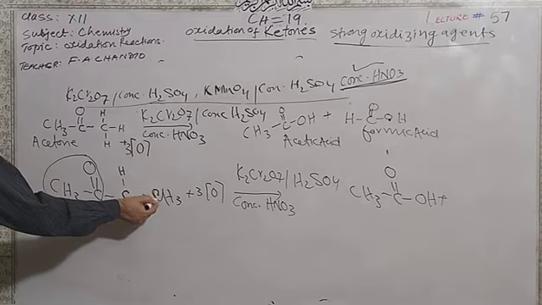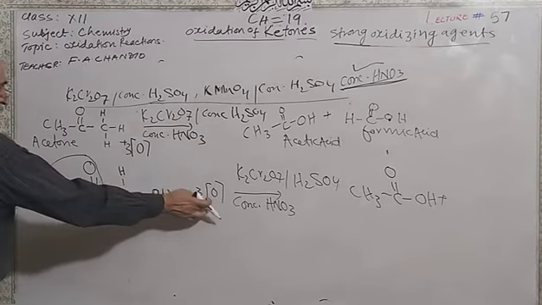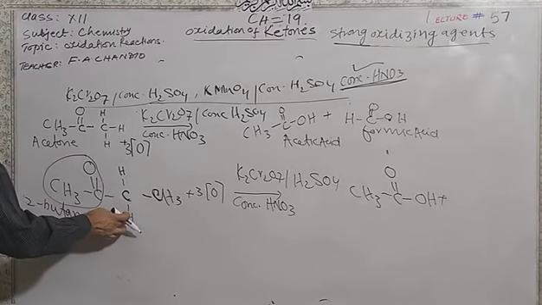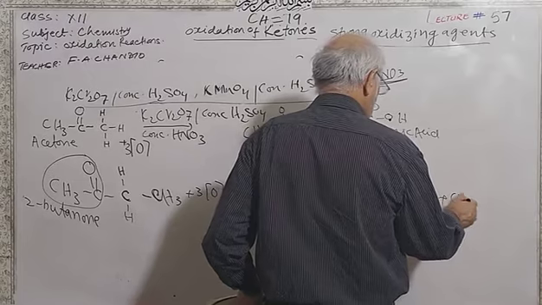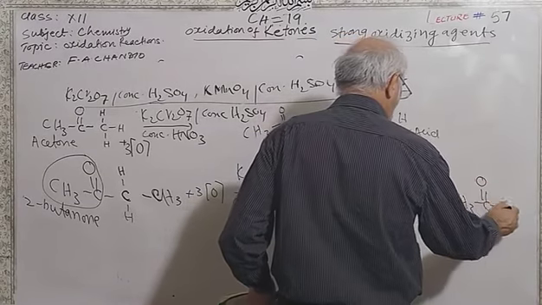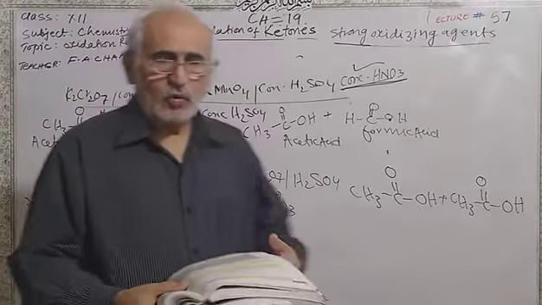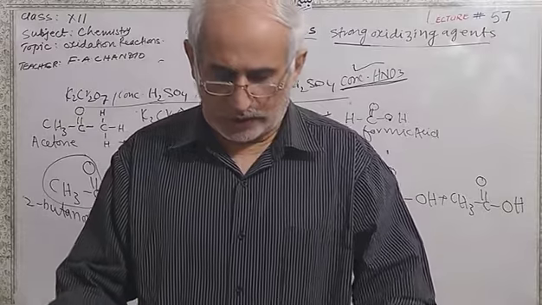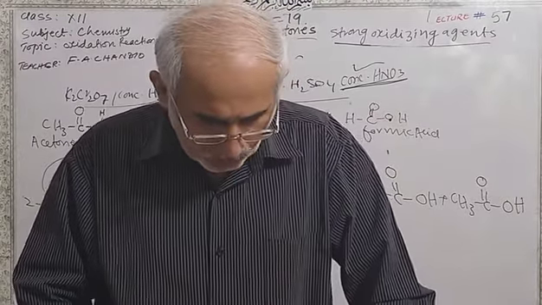Second, CH3 the same, and there is a carbon here and 2 oxygens are here, one oxygen to make OH and other oxygen to make a carbonyl group. So you will get another carboxylic acid group. So you will get 2 molecules of ethanoic acid.